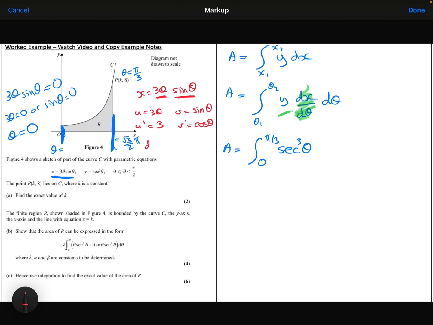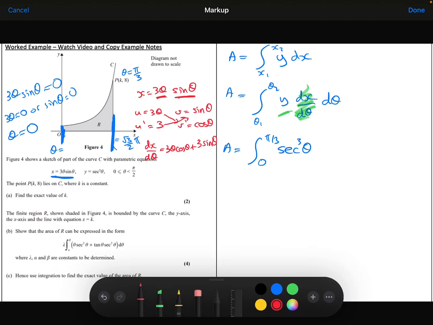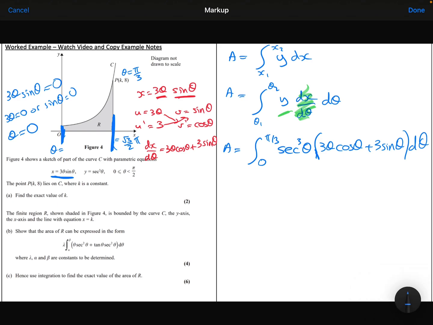So therefore, dx by d theta will be equal to u times v dash plus u dash times v. So that's my dx by d theta, and that's going to go in here. Right, I just need to show that this is the same thing as this now.